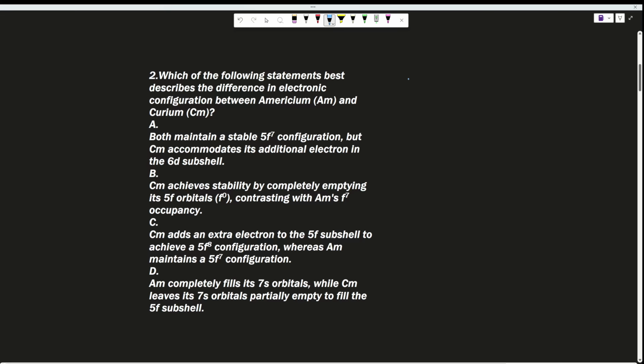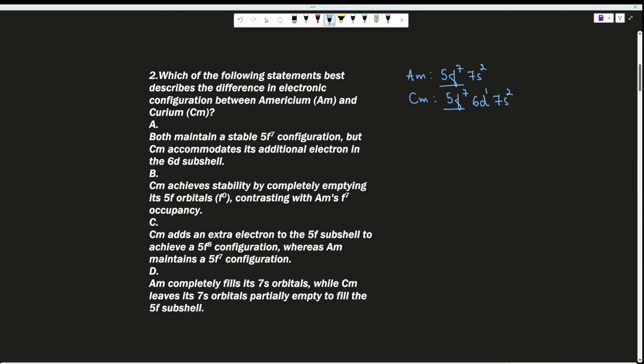For americium, the outer electronic configuration is 5f7 7s2. For curium, it is still 5f7, but one more electron goes to 6d, so you get 5f7 6d1 7s2. Both have the 5f7 configuration.